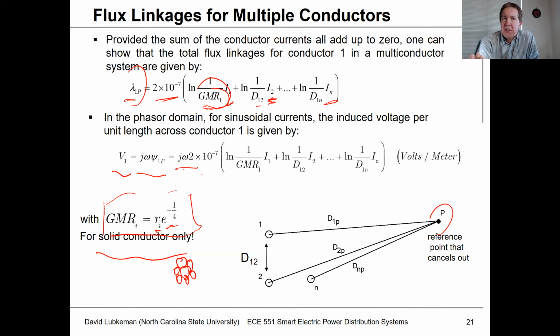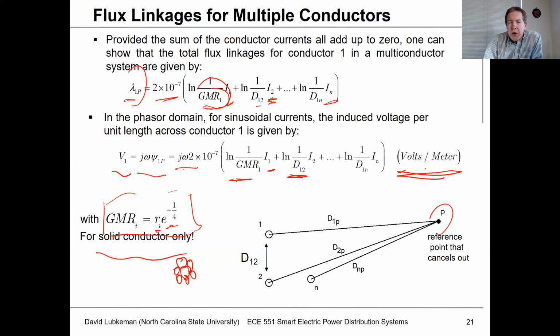So this is basically the inductance type terms, right? The first term for I1 is going to have the natural log of 1 over GMR for conductor 1. And then these other terms are going to be natural logs of 1 over the distance. And this is going to have units of volts per meter.